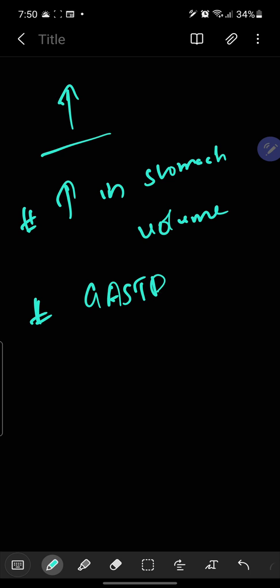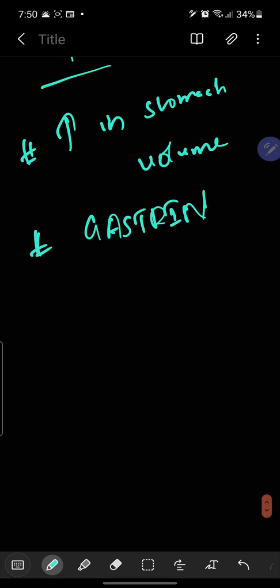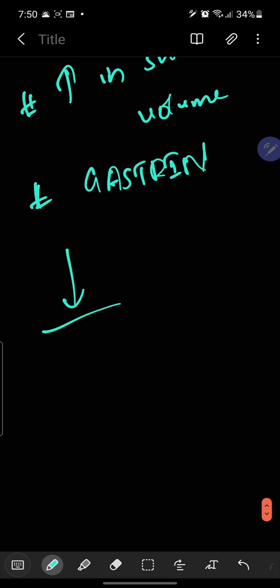Gastrin hormone also increases gastric emptying. Now, which are the factors which decrease gastric emptying? CCK is a factor which decreases gastric emptying. The sympathetic and parasympathetic nervous systems have a least role in gastric emptying.